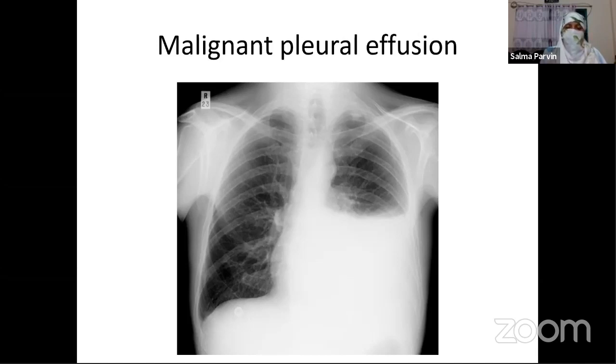So the pulling effect of the active collapse is neutralized, at least mostly, by the positive pressure produced by the effusion in the pleural space.